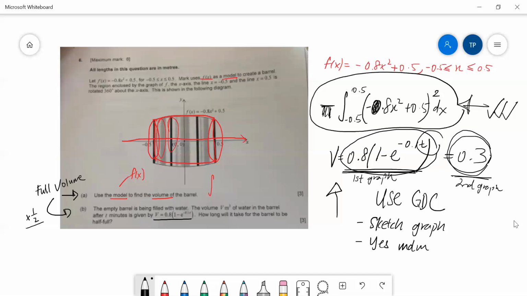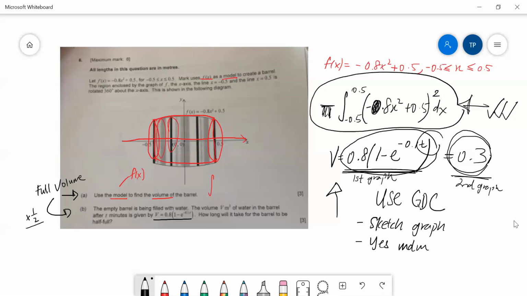So on this graph, you want to find out for which t value, which is the x value, the y value is 0.3. Because they want to find how long it would take to be half full, and half full is 0.3.